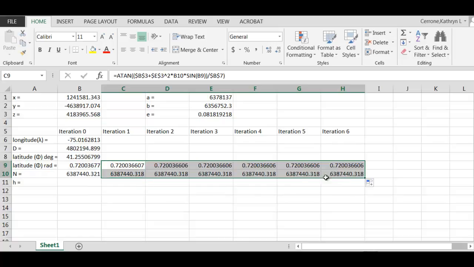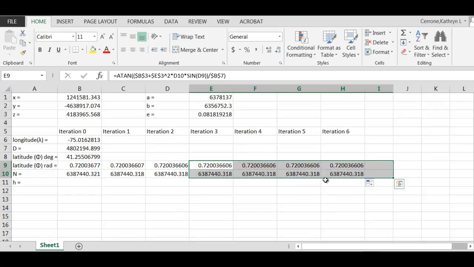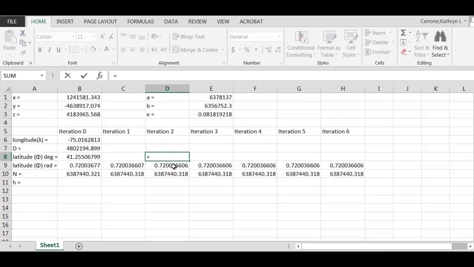We've got 6 here, so we'll try it. And you notice here, even if we go out to these next 2, we don't have any change. You can see how there's no change here as far as the decimal places that we're showing. So in this case, we can stop here at iteration 2. We'll come up here, we'll multiply this by our 180 and divide by pi.